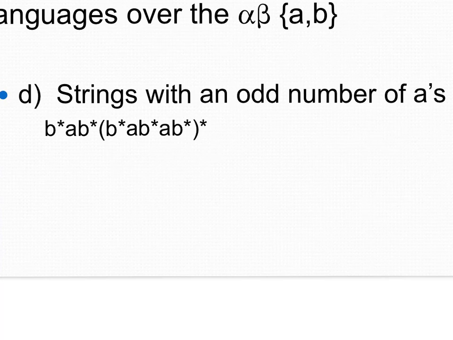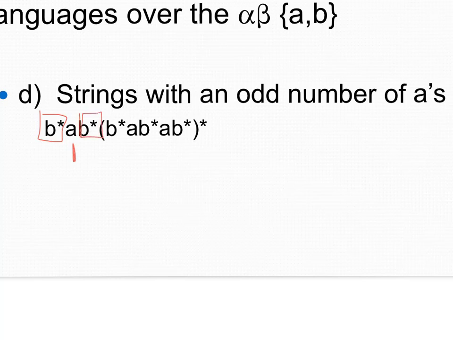So what is this expression telling me? It's saying start out with 0 or more B's, as many B's as you want, right? Because we don't care about the number of B's. We have to have some A's, but we're going to start out with B's. After that, put an A. And after that, as many more B's as you want.